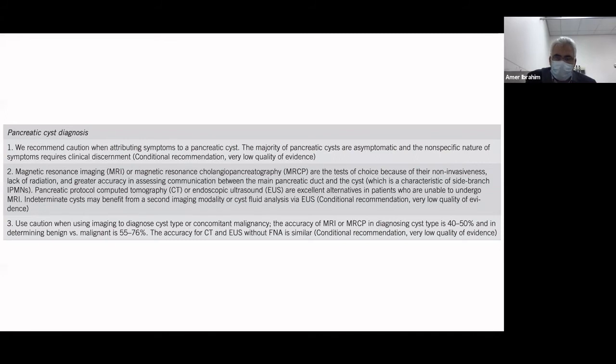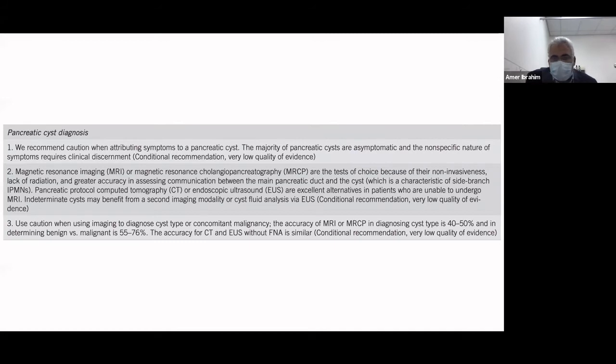So most of the time, the pancreatic cyst is a red herring. We need to follow it up, we need to manage the cyst, but it is not the cause of the patient's symptoms. So most of these cysts are just incidental asymptomatic cysts. So it's very important we don't miss something else going on in the abdomen.